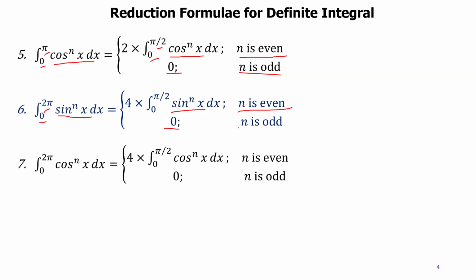Seventh formula is integration of cos to the power n x dx under the limit 0 to 2 pi, which is the same as the integration of sine to the power n x dx under the limit 0 to 2 pi. So it will be 4 times the integration under the limit 0 to pi by 2 of cos to the power n x dx if n is even, and if n is odd, then its value will be 0.